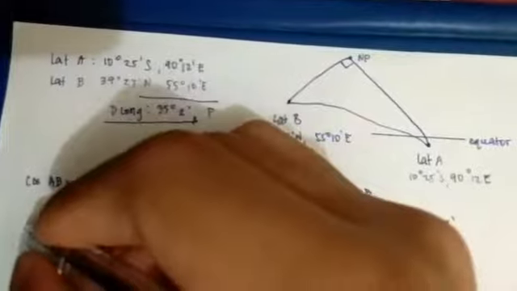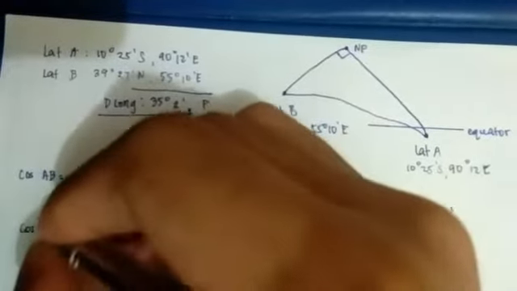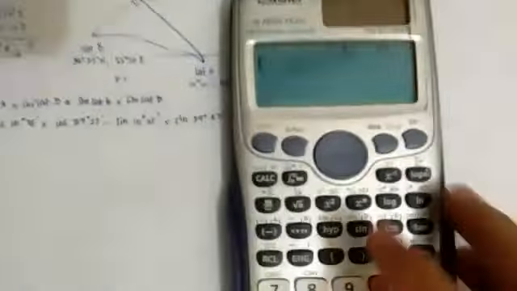And to get our cos AB, we need to input it in our calculator.